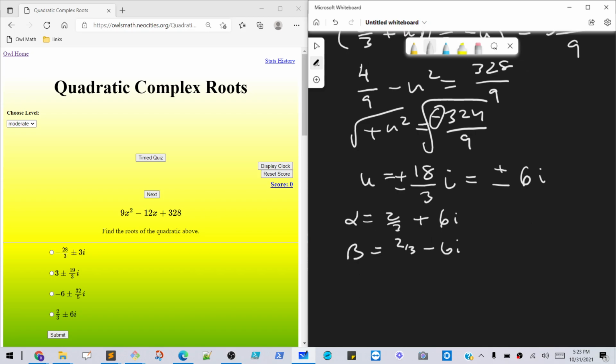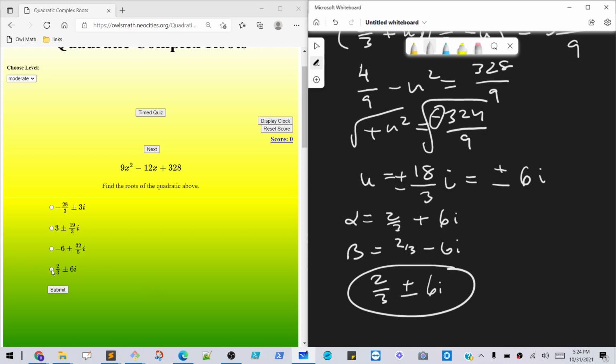And then we can also write this like this. That's our answer. So we come back over to our quiz, take a look and see how we did. That's correct. So this quiz will be a mix of complex and real solutions.